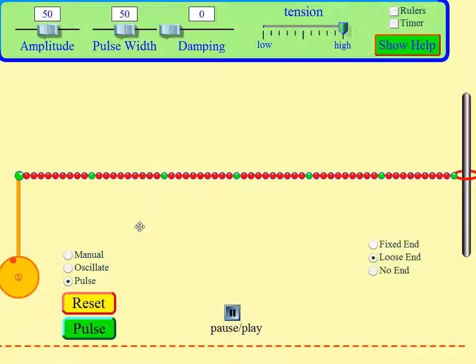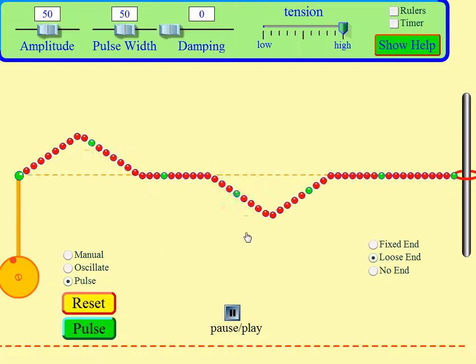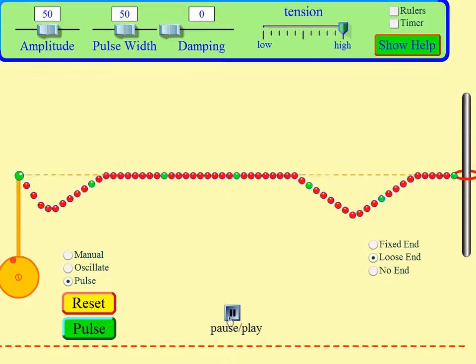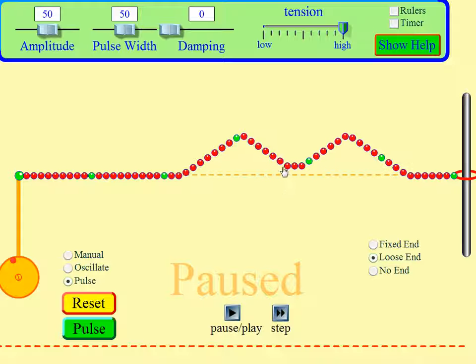I wanted to just finish this one up by bringing you back to this simulation, which I think is a pretty good one. And the idea behind it is that, well, we can send a pulse, but we can also send another pulse. And so here, when they're both on the same side as each other, so like right here, they both have the same amplitude, and as they come up, you can see this particle right here is being pulled upwards from both sides, which is not normally the case.